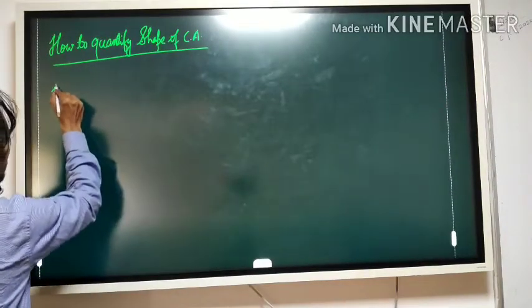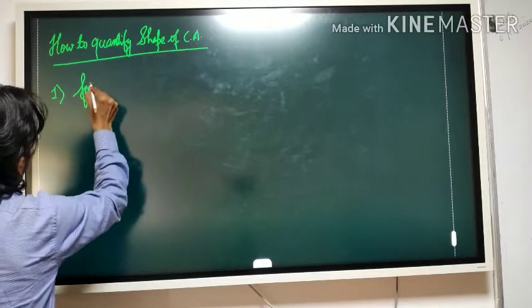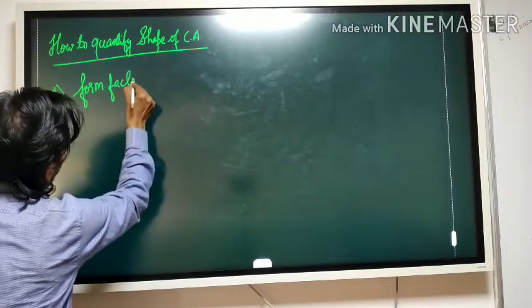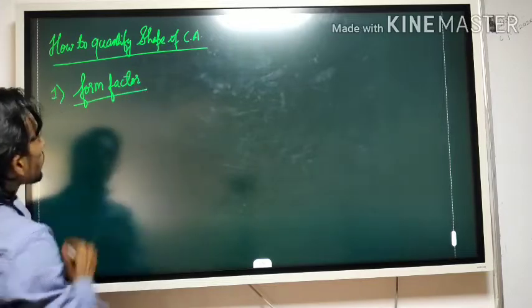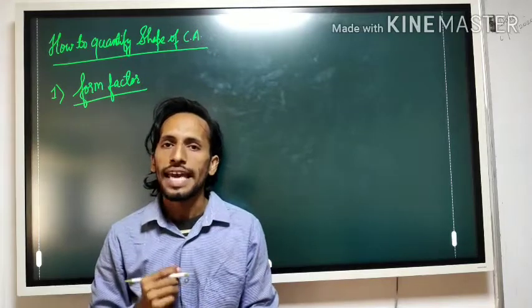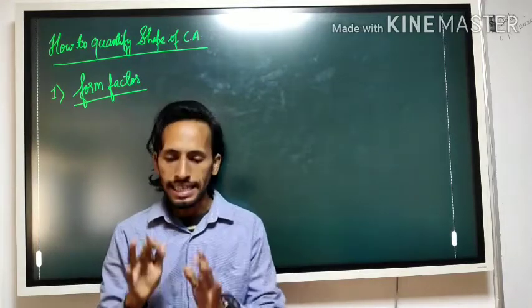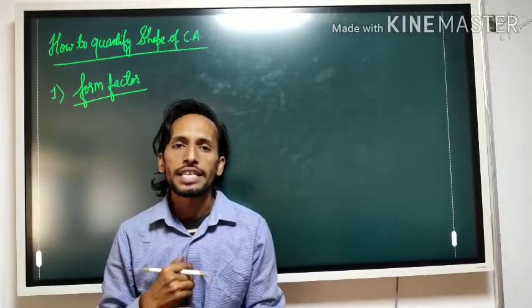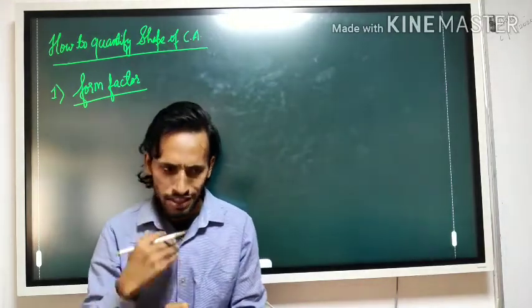They call it the form factor. They calculate the form factor for the catchment, and they say that this is a mathematical value which will be explaining your shape of basin.